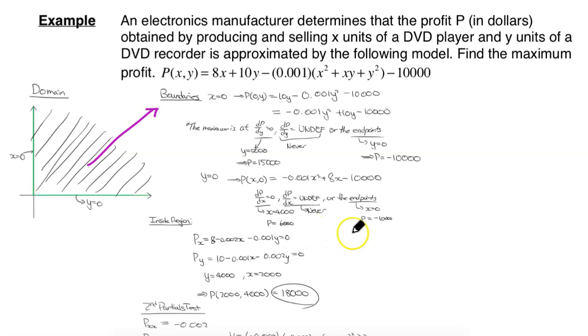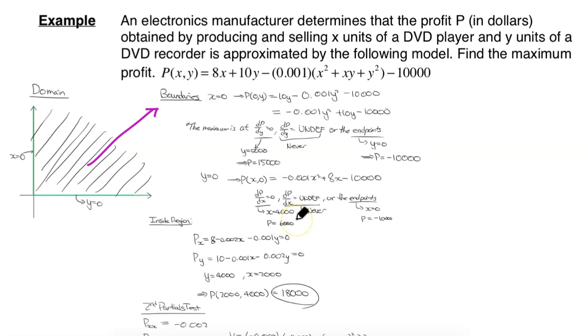Unsurprisingly, the profit is negative $10,000 here because it's the same point as we did earlier. Now, if we plug in x equals 4,000 in the function for the profit, you can choose this or that, it's the same. You find that the profit would be 6,000.